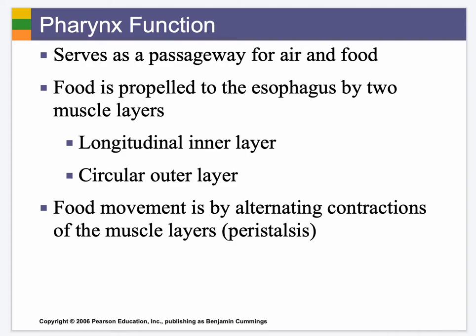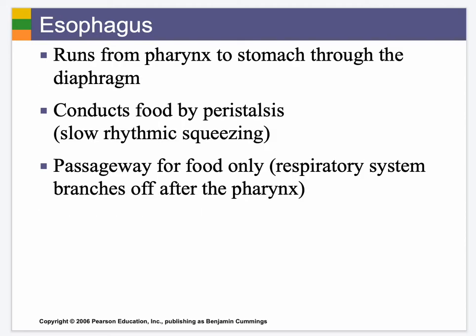The food movement is initiated by what we call peristalsis, the alternating contraction of the muscle layers, para ma-push down yung food patungo sa iyong esophagus, papunta sa iyong stomach, papunta doon sa flow ng alimentary canal.